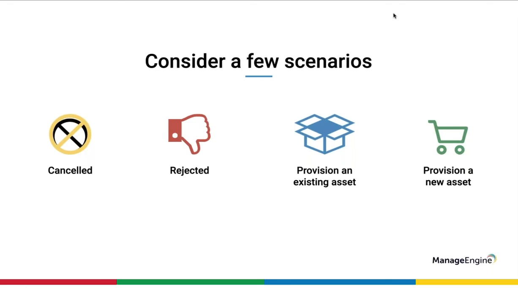The third situation, everything goes smooth and we already have an asset in store. So we are going to provide an existing asset to the end user. And finally, the last situation, we don't have the asset in store. Everything went smooth, but we don't have the asset in store. In that case, I may have to order the asset with my vendor, collect it, and then provide it to the end user.